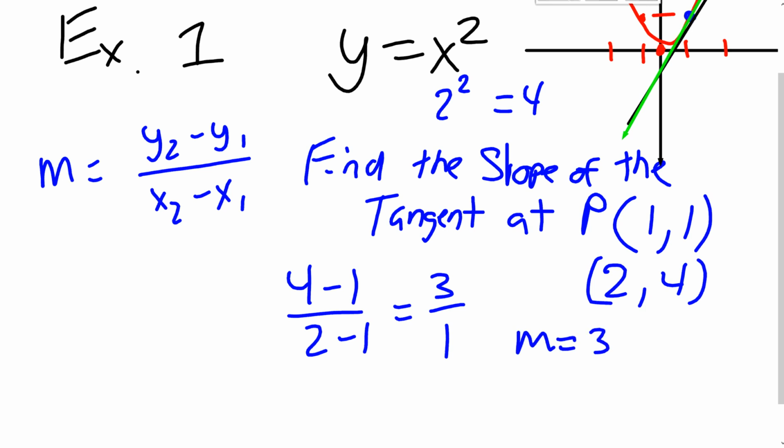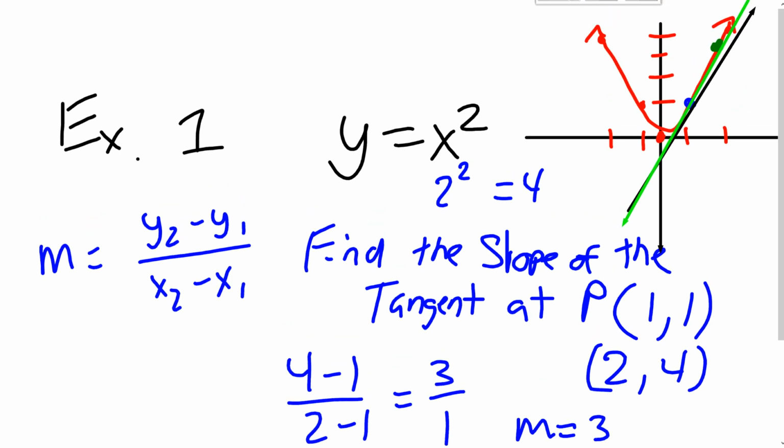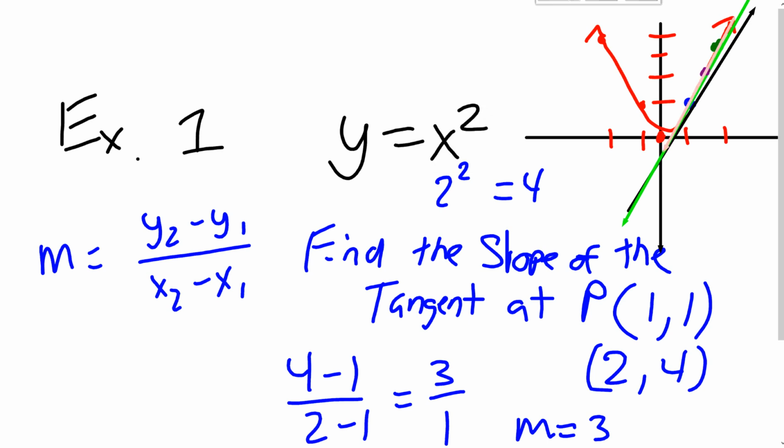Then we could get a little bit closer. I could put in maybe a half, and I'm up here. Maybe this pink line looks a little closer to that one.